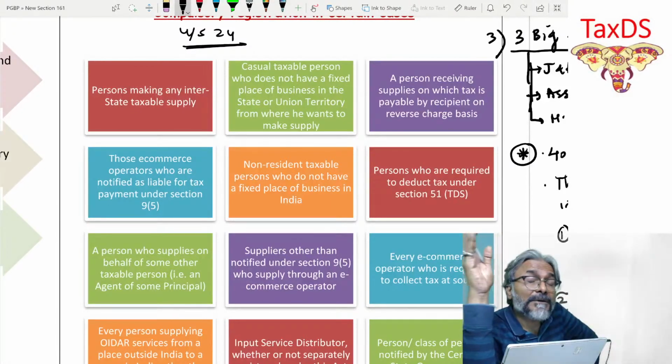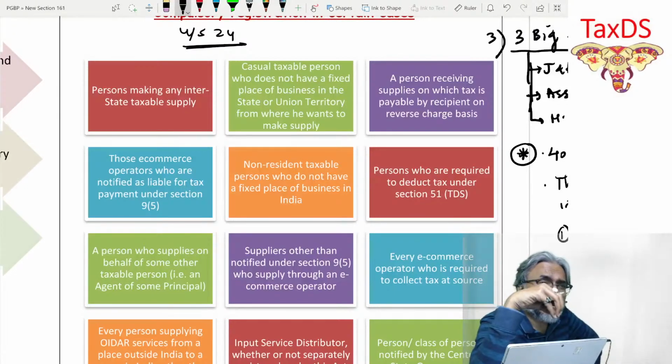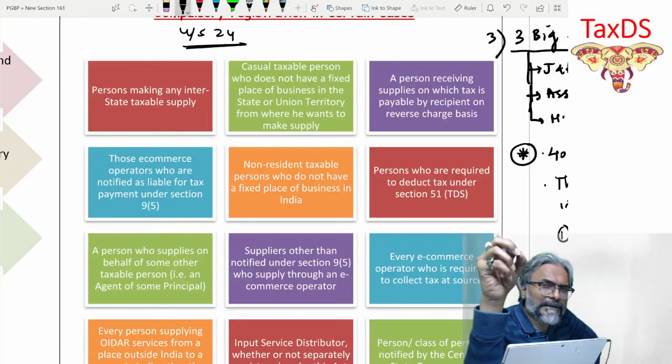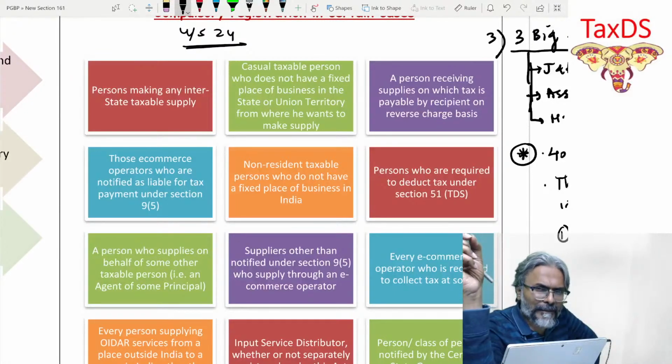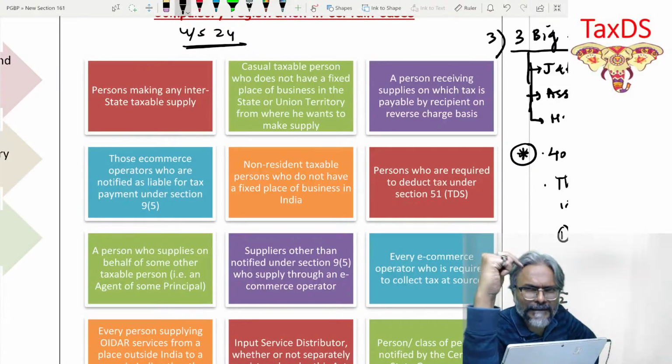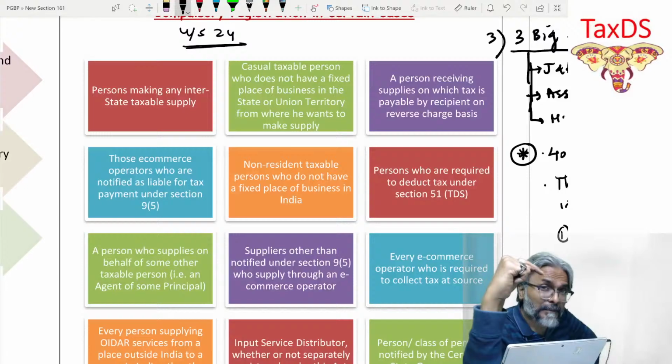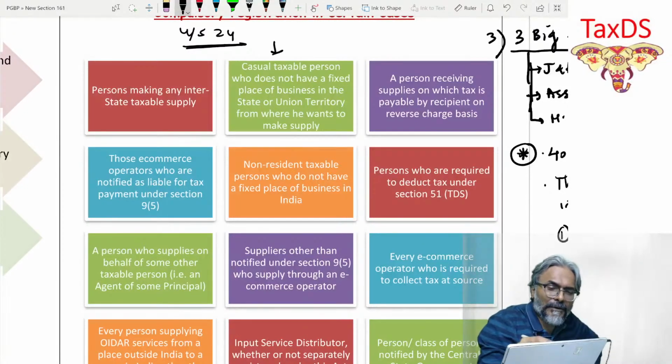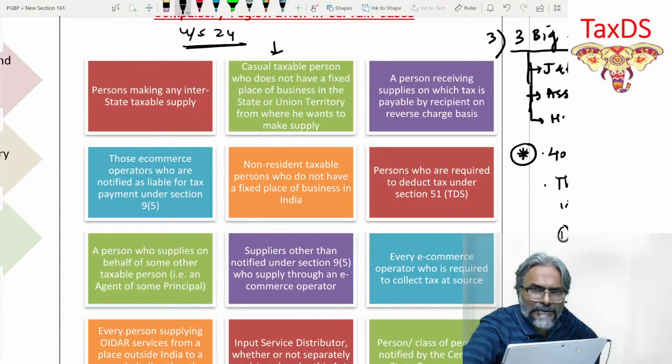I cannot say that my turnover is not enough. If my turnover in Mumbai is say 3 lakhs, and my turnover in the other state, where I'm a casual taxable person, is say 2 lakhs, even though in totality, that is aggregate, my turnover doesn't exceed the threshold limit, because I am a casual taxable person in one of the states, I become liable for registration. That is exactly what they're trying to say. That is what it is, students.